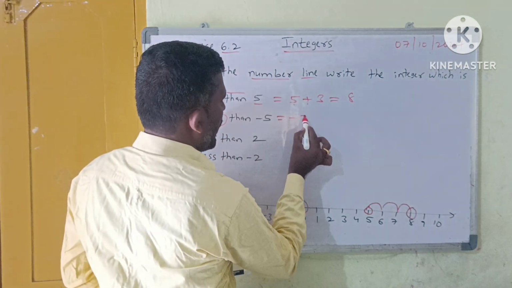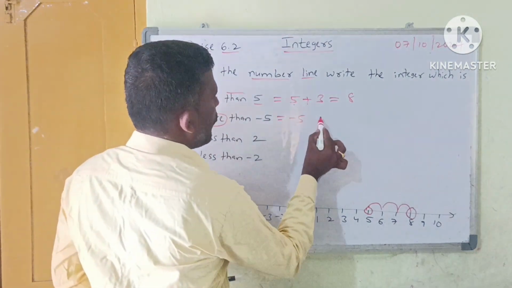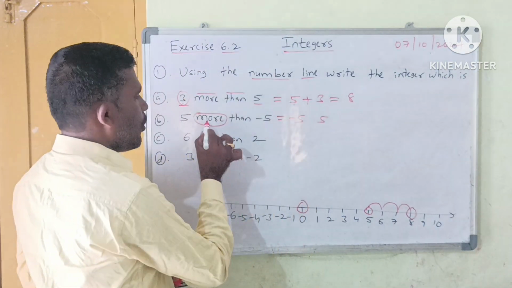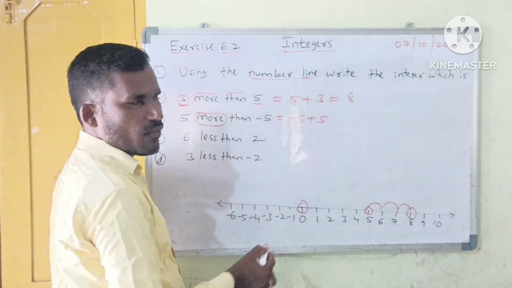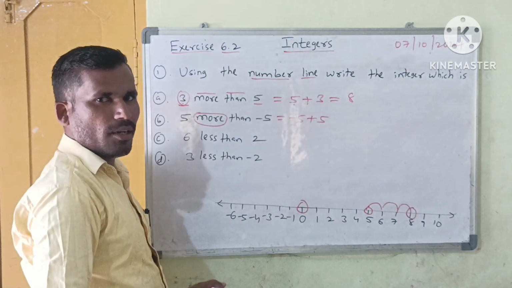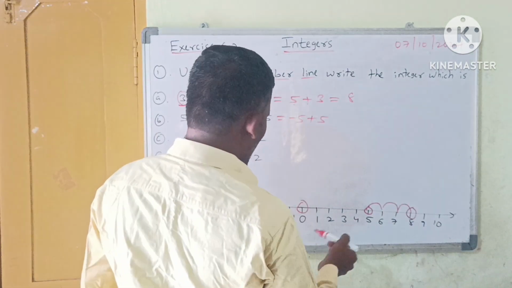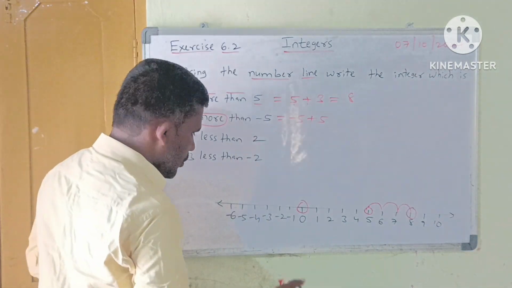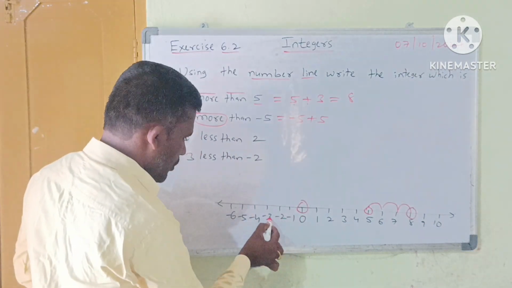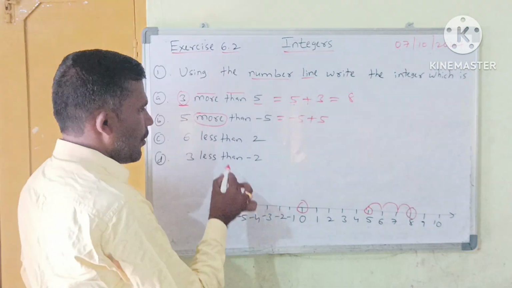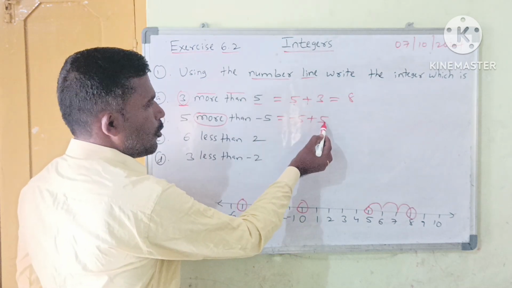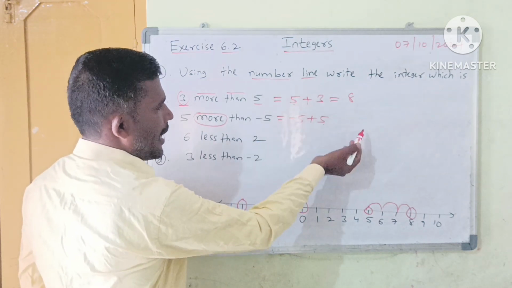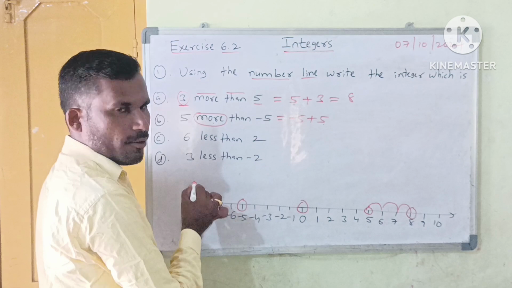So from the minus 5 you have to move the 5 steps to the right side because more is given.